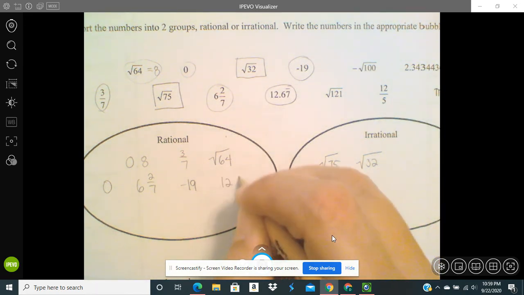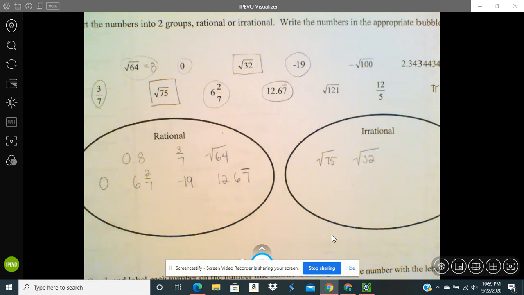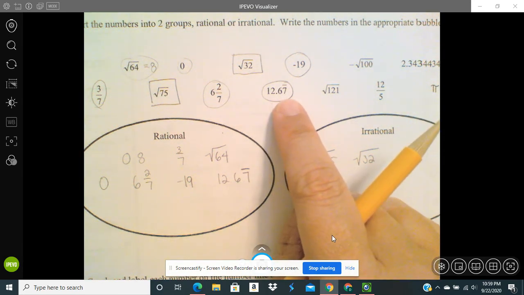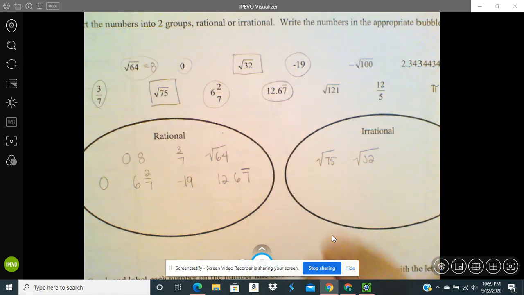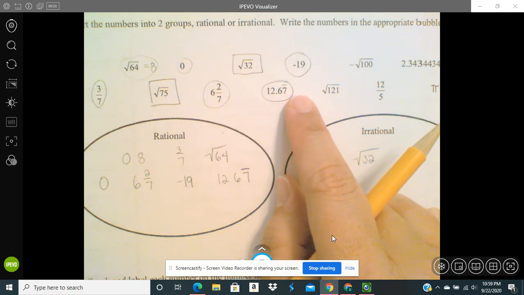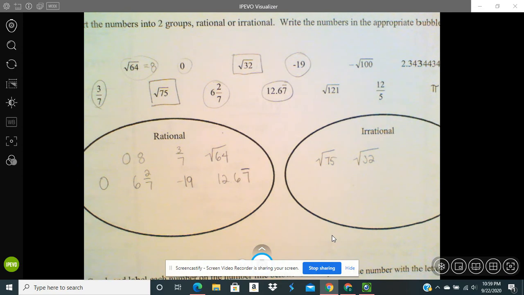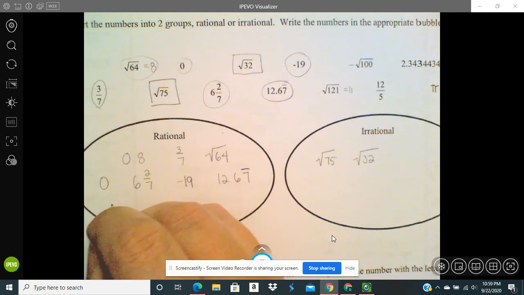Therefore, this is rational. My other 8th grade math teacher described it to her students this way: if you have a decimal number and you can predict the next decimal number, then it's rational. I know the next number is going to be 7, and the one after that is going to be 7, and the one after that is going to be 7. That's rational. Square root of 121 is 11.